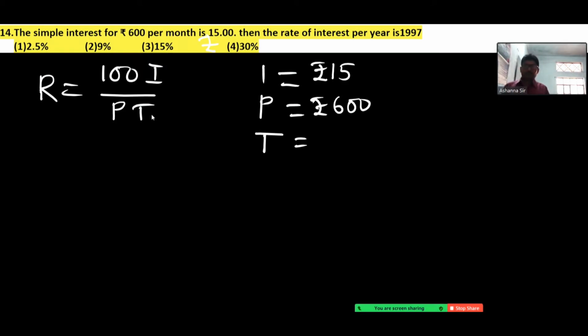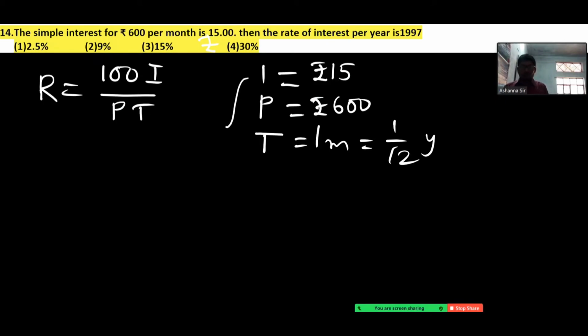What is the simple interest for 600 rupees per month? Per month is 15 rupees. Then the rate of interest, so here per month means 1 month, 1 by 12 years.